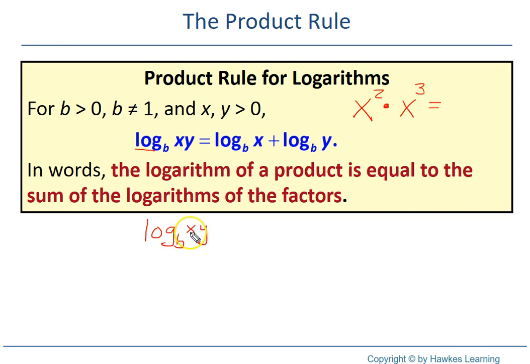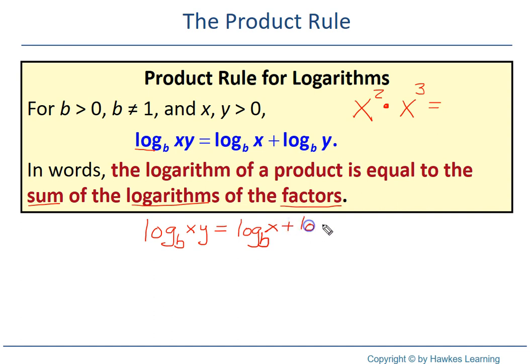How are we going to illustrate that if we wanted to do what is called the expanded, or the sum of the logarithms of the factors? And here's the basic rule. You write log base b of x. Now, to indicate multiplication here, we're going to add these together.